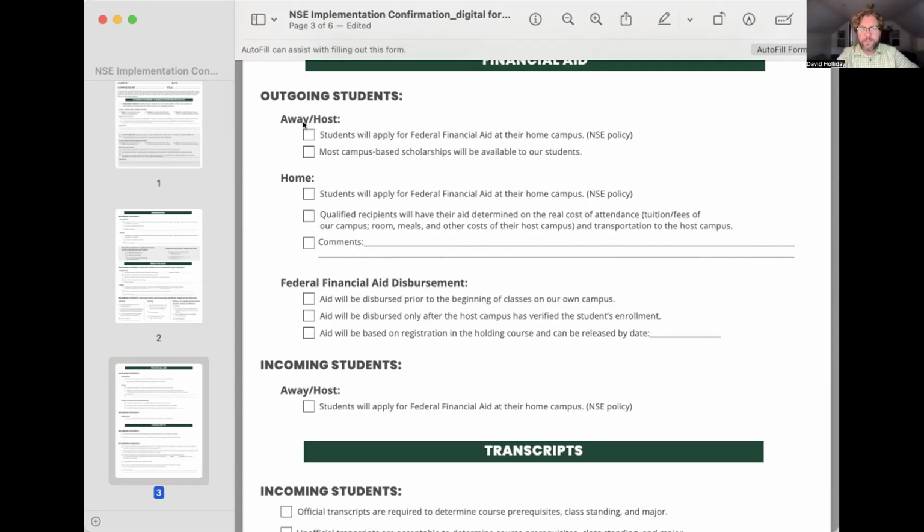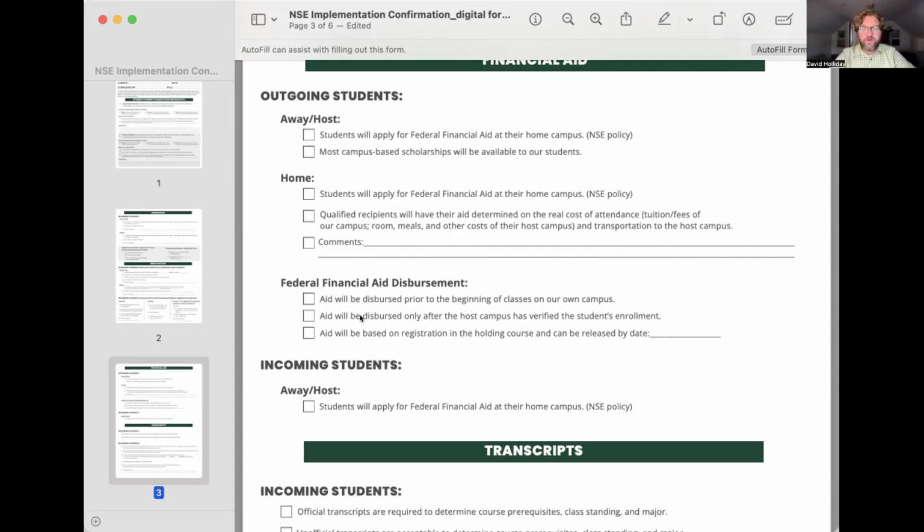We need to add this line up to that away spot, and I just caught that right now. Because financial aid is processed at the home institution, but it should be revised based on the cost of attendance at that other school. So certainly room and board at the other school, but also tuition if they're on away pay. Tuition will be assessed by that other campus.